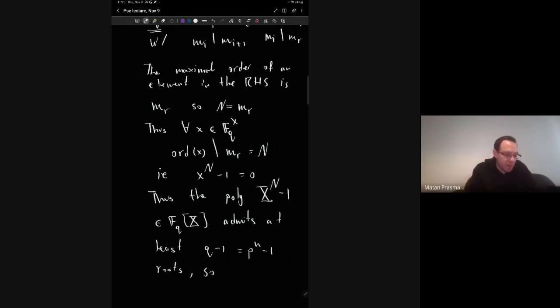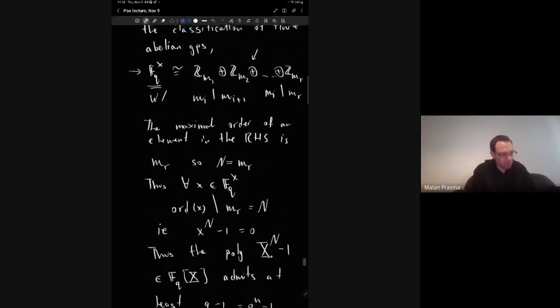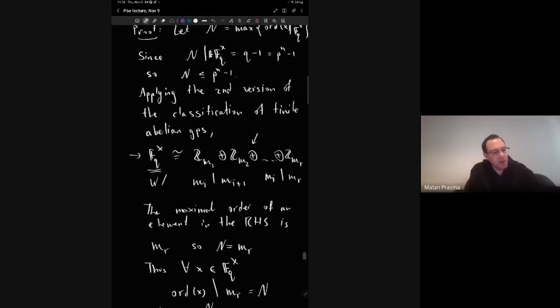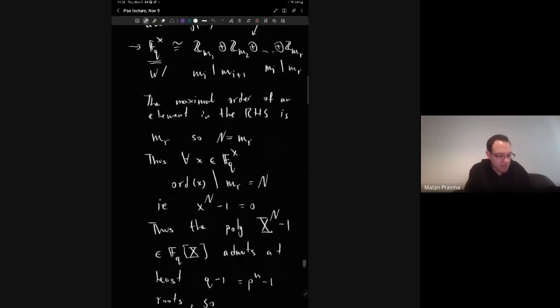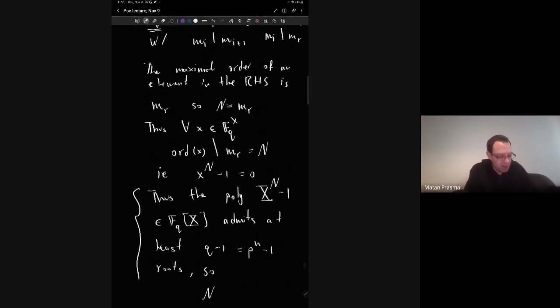And if it admits p to the n minus 1 roots, it means that, you see, we know that n was less or equal to p to the n minus 1, but this part gives us that n is greater or equal to p to the n minus 1, because a polynomial of degree n can have at most n roots.